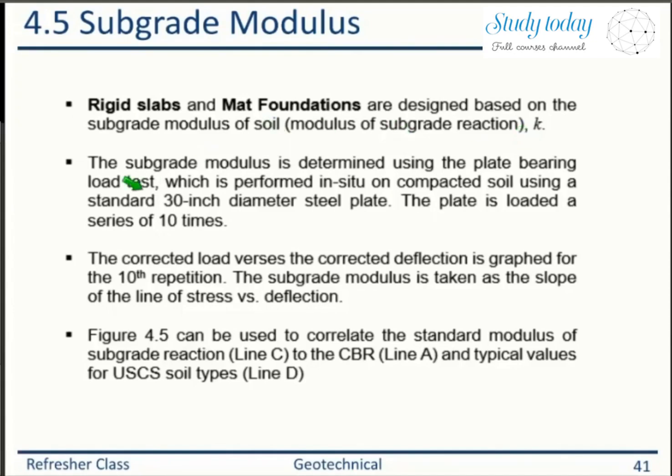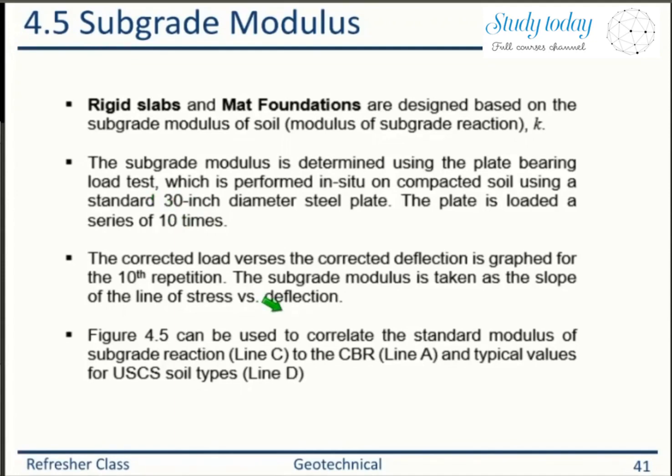The modulus of subgrade reaction K is nothing but the slope of the stress versus deflection. If you run a subgrade modulus plate load test, you compact the soil, and on the compacted soil you have a 30 inch diameter steel plate, and you keep on imposing load on the steel plate.